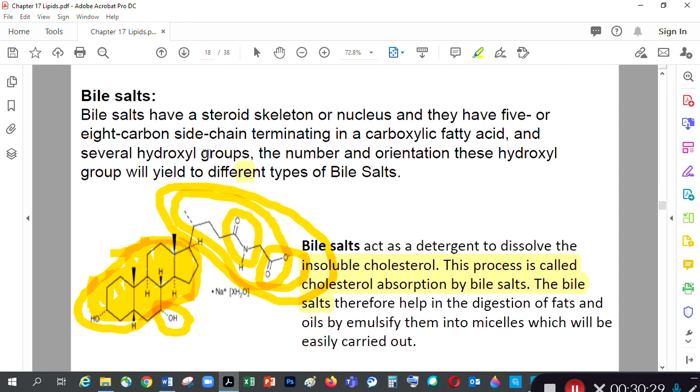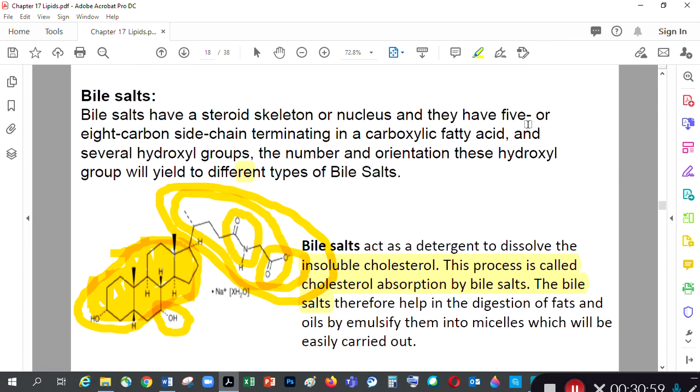So the bile salts, you can see they are steroids because they have the same nucleus, correct? The skeleton, the four fused cyclic rings, they are there. The bile salts are salts because you have the carboxylate ion on top of the five-member ring.